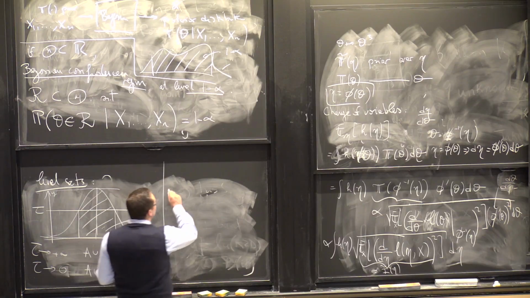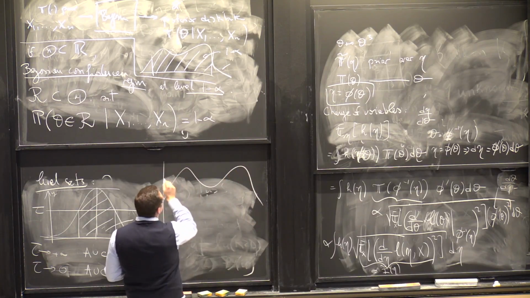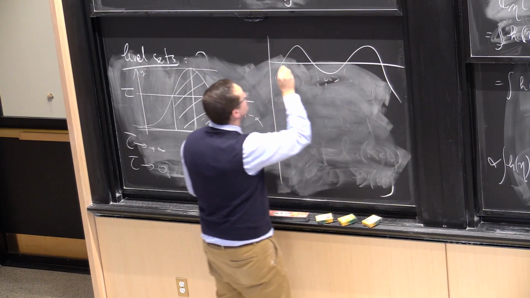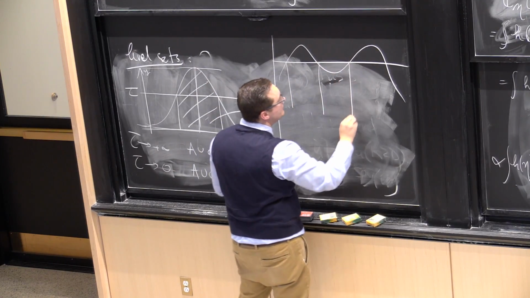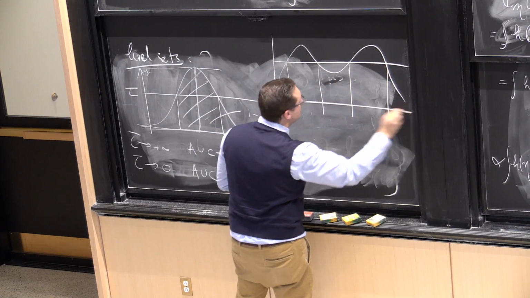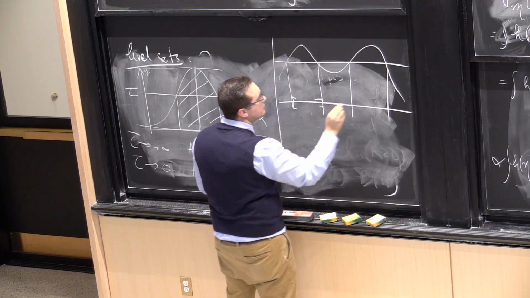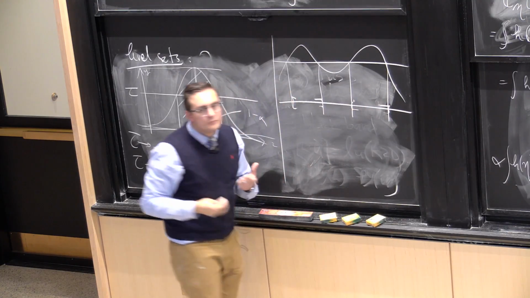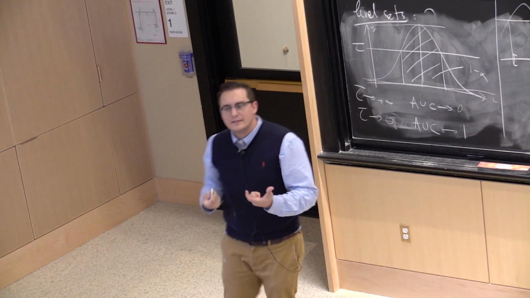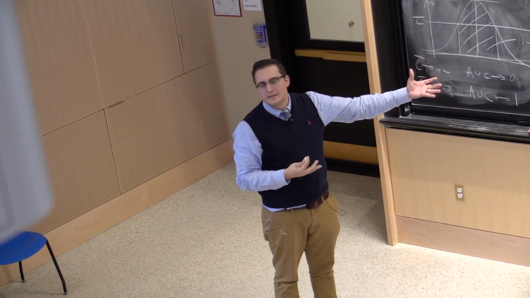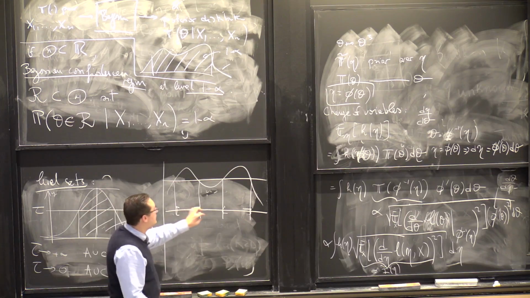But if I have a posterior that looks like this, when I start cutting off, my confidence region is going to be the union of those two pieces. It really reflects the bimodal structure: with high probability, I'm either here or here.